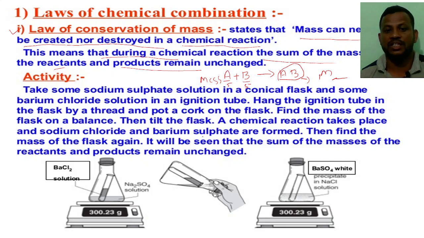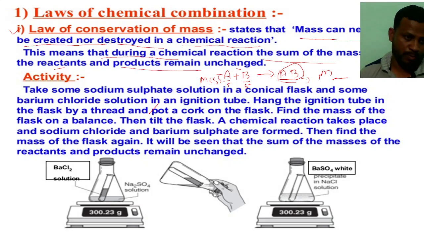Here you can see A and B are the reactants and AB is the product. Remember that. Okay, look here, you can see BaCl2, this is a compound, right? What do we mean by BaCl2 here?